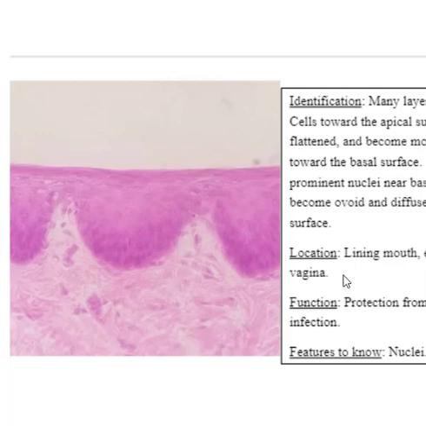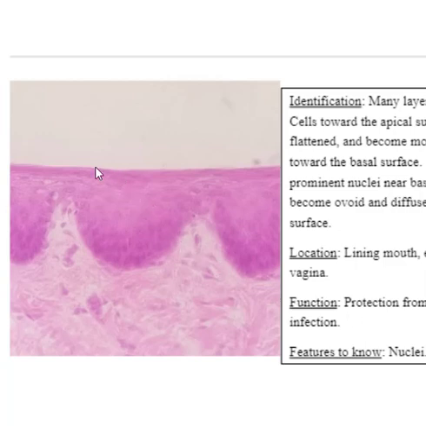So anyway, the function of having multiple layers of squamous epithelial cells is to protect you from abrasion and then infection. So people who have diverticulitis oftentimes will develop an infection in their intestines, and then they're in trouble. So then they have to have special treatment for that.